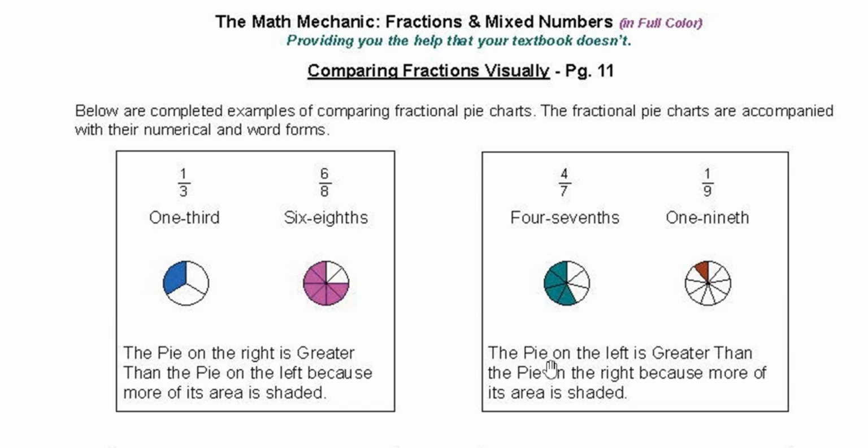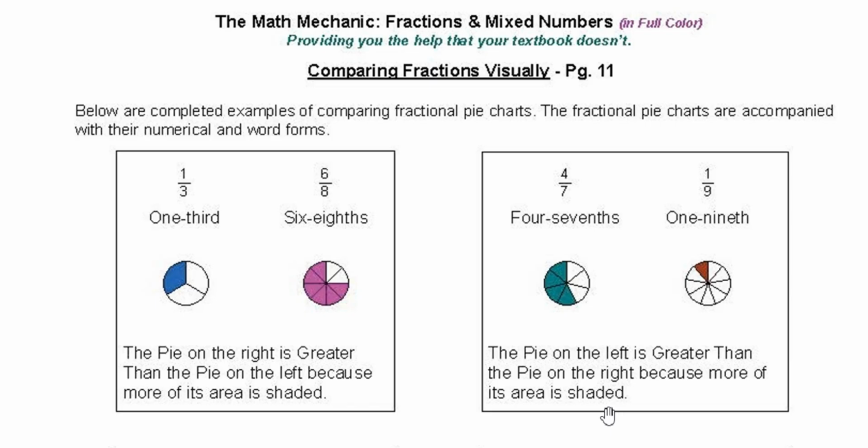Therefore, the pie on the left, which represents the fraction 4/7, is greater than the pie on the right, which represents the fraction 1/9, because more of its area is shaded.